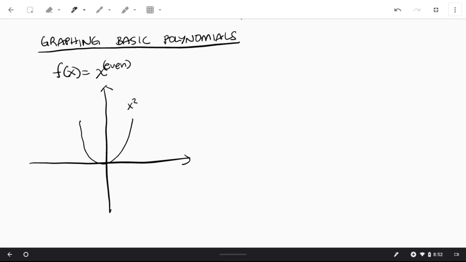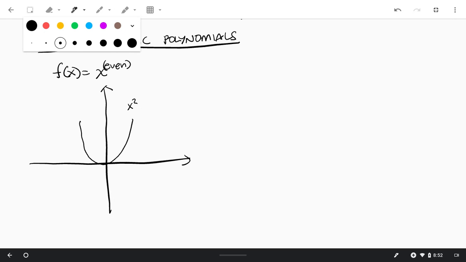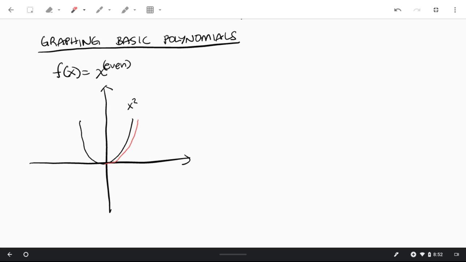And if we go higher, like let's say x to the fourth, I'll do that one in red. If you do x to the fourth, it just gets a little bit wider down here.